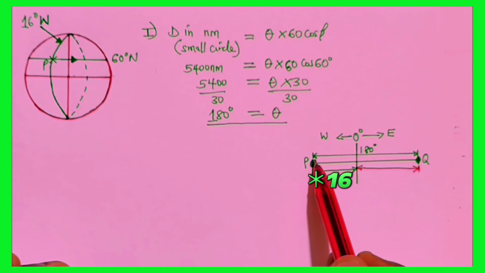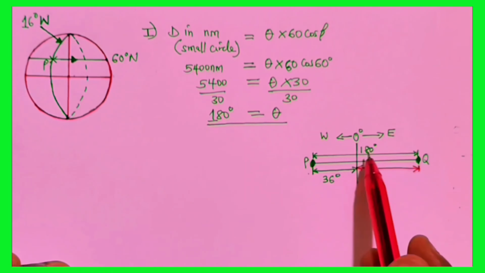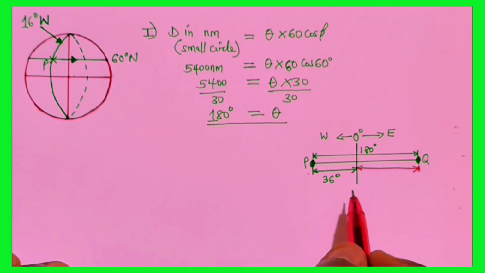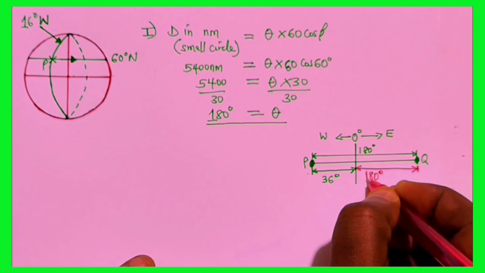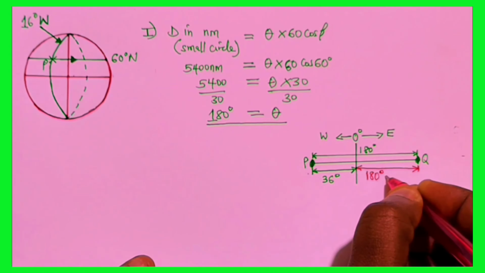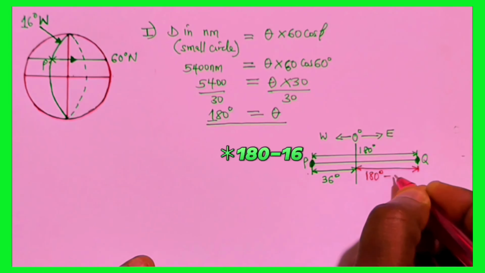And then we know that the value of theta, which is from P to Q, is 180 degrees. Since Q is on the eastern side of Greenwich, the angle on the eastern side will be equal to 180 degrees subtract 36 degrees. And therefore, we are going to get our answer as 164 degrees east.